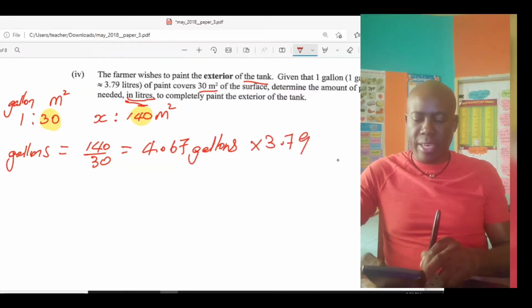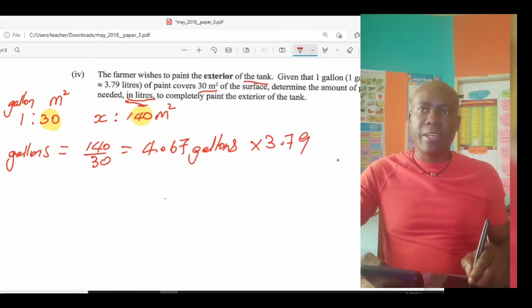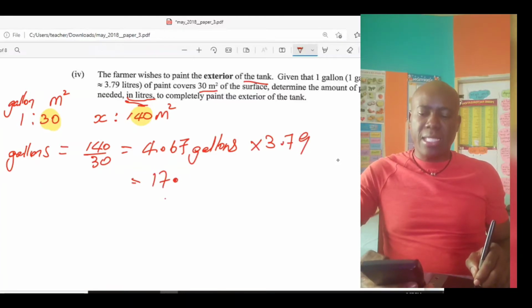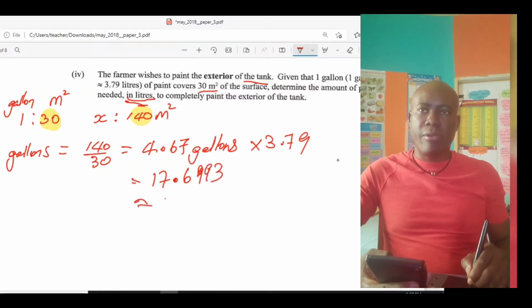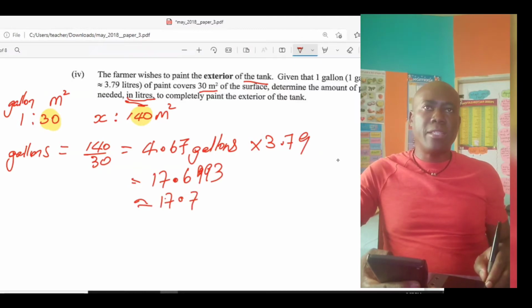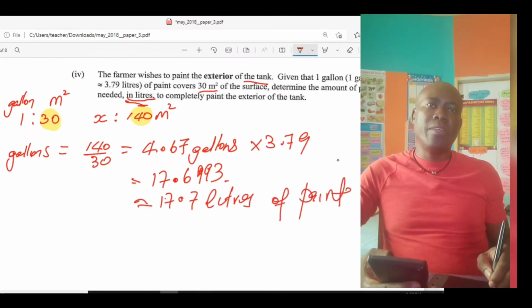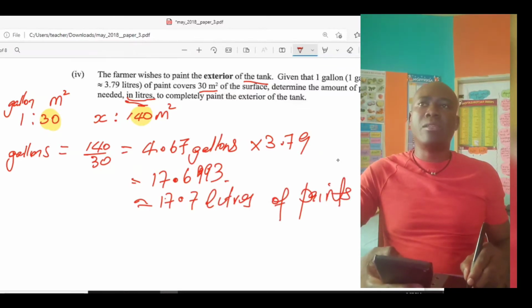So 4.67 times 3.79 is going to give me 17.69, which is 17.6993. So I'm going to round it off to 17.7. Did they say to the nearest tenth? So 17.7 liters of paint.